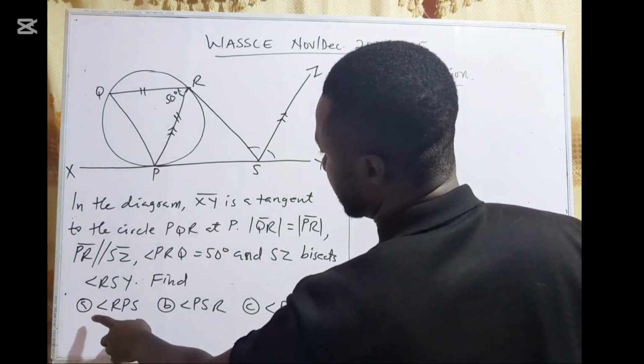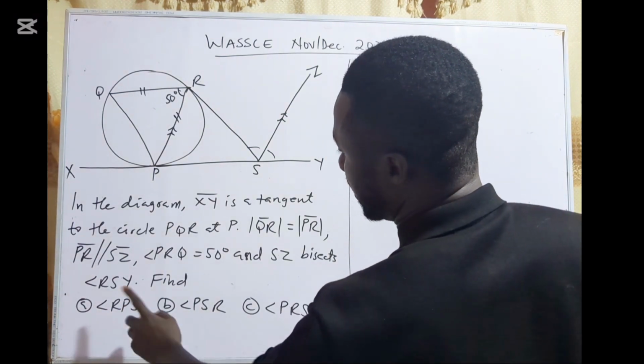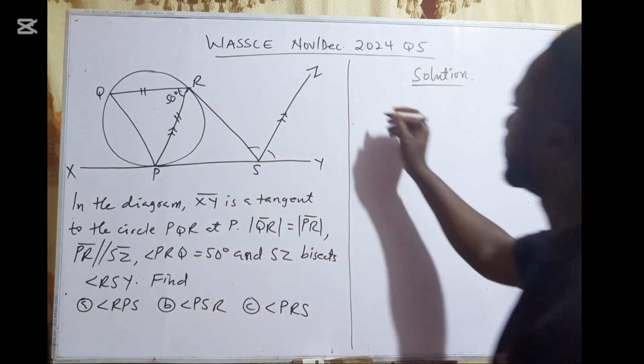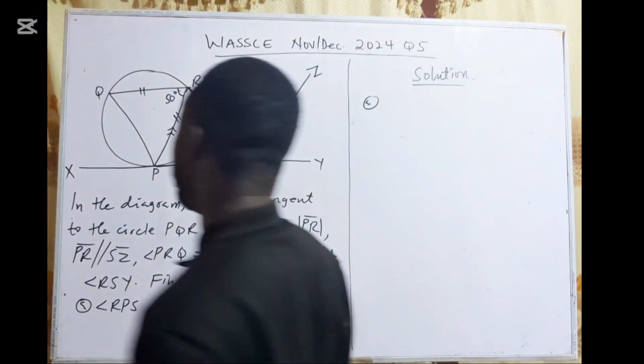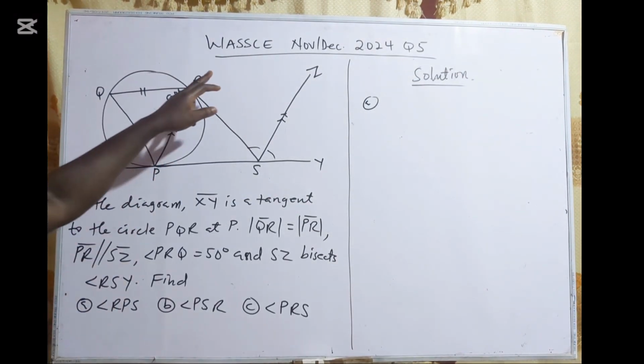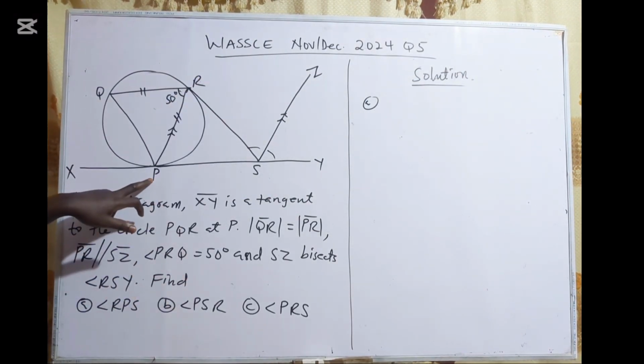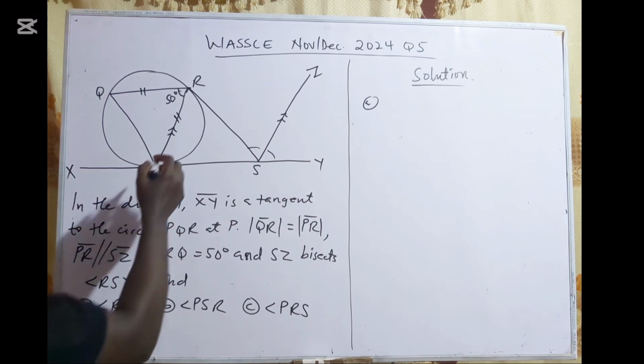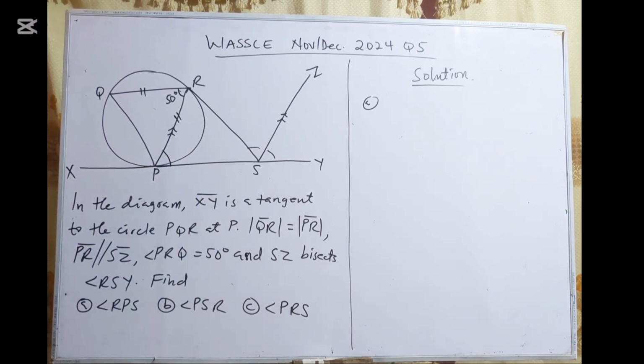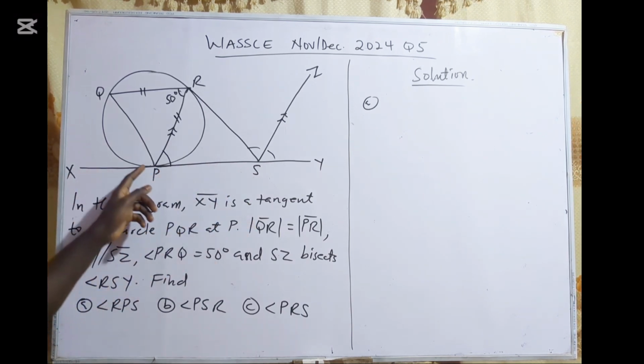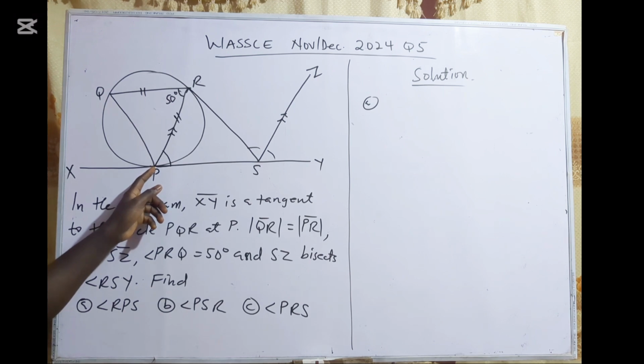Find (a) angle RPS. So let's start one by one. Angle RPS, this angle here. We should know that XY is a tangent to the circle at this point.